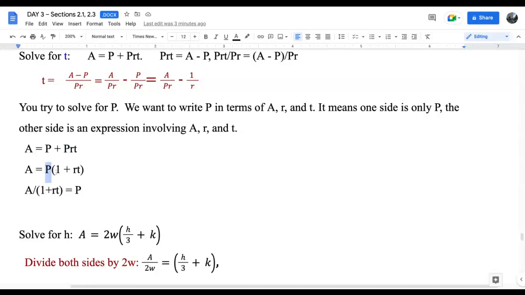Now we divide by 1 plus RT on both sides. So P equals A divided by 1 plus RT. So P is solved. Any questions?